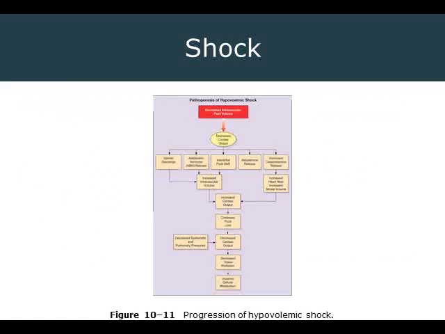So this one we're going to look at is hypovolemic shock. Now, this is probably the most commonly thought of type of shock that we deal with, and hypovolemic shock is a category that contains the most classic sense of shock, which is hemorrhagic shock.